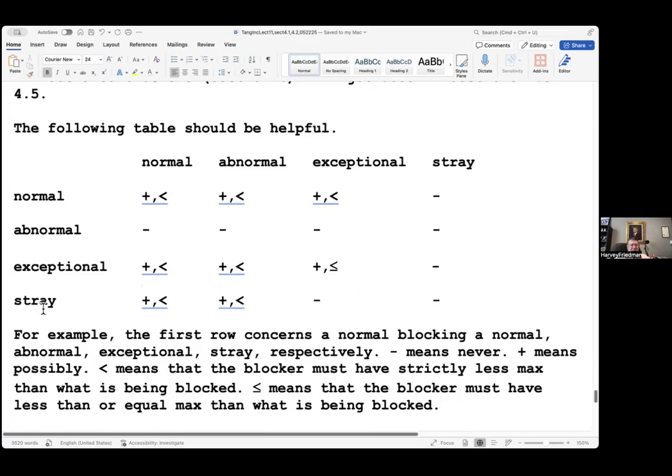Strays can block normals. Strays can block abnormals. They cannot block exceptionals, and strays can't block strays. These are all from what I said earlier. And also, it's only less than or equals, except when we have normal blocking.